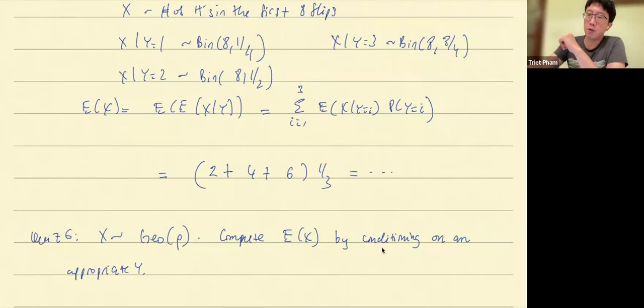So again, the key is to find what to condition on. If we flip a coin until we see the first head, with probability P, and we want to find the average value, what information will be valuable for us to condition on?